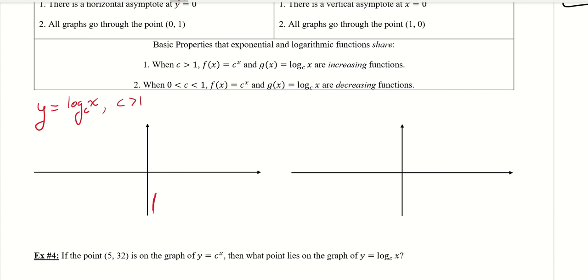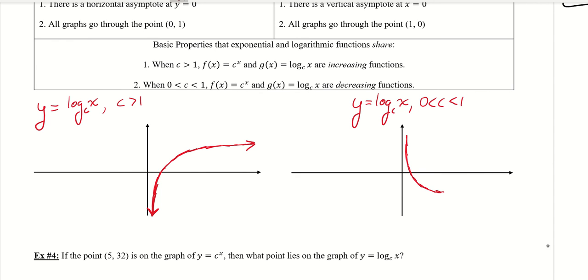So this is what your basic increasing logarithmic function would look like. To get this result, you would need a c value larger than 1. And for a logarithmic function with a base that is in between 0 and 1, you would get a decreasing logarithmic function, and it would look like this.